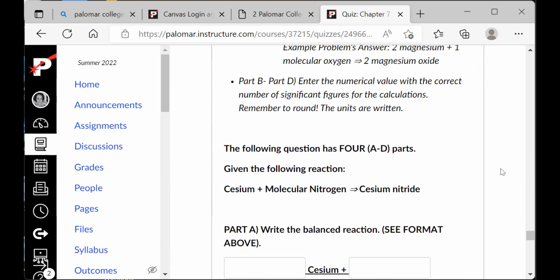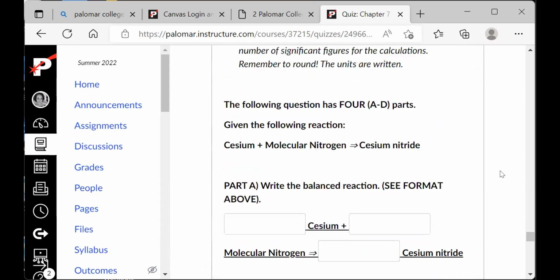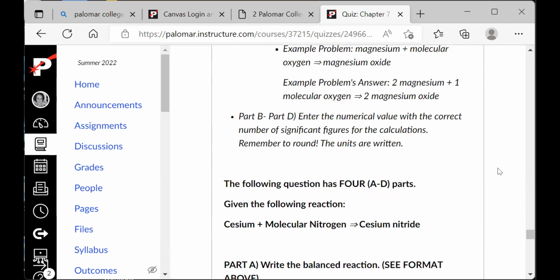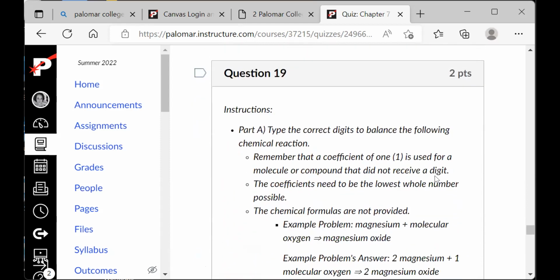I already tested you in the chapter quiz, in the extra credit. Again, you're given something, you need to balance the equation, then you do the math. But then this is for chemical reactions, so this is different. Yeah, no problem. So any questions about the transitions that we did? Just, again, moles to atoms or molecules, moles to grams, grams of compound.